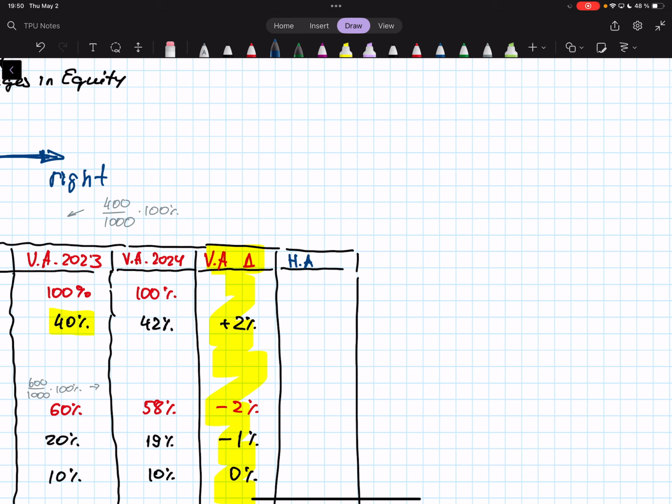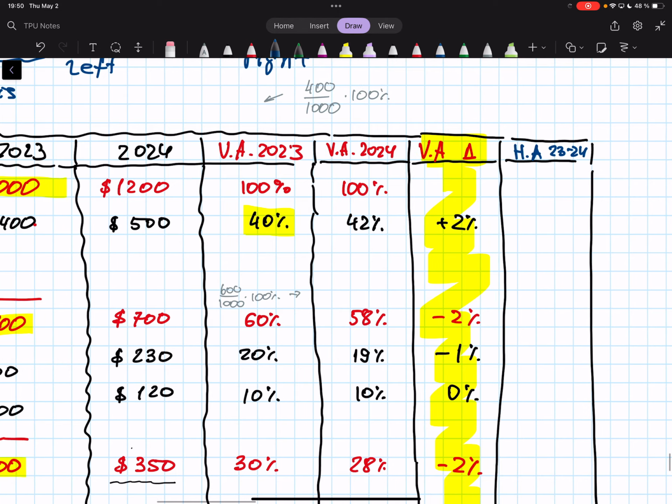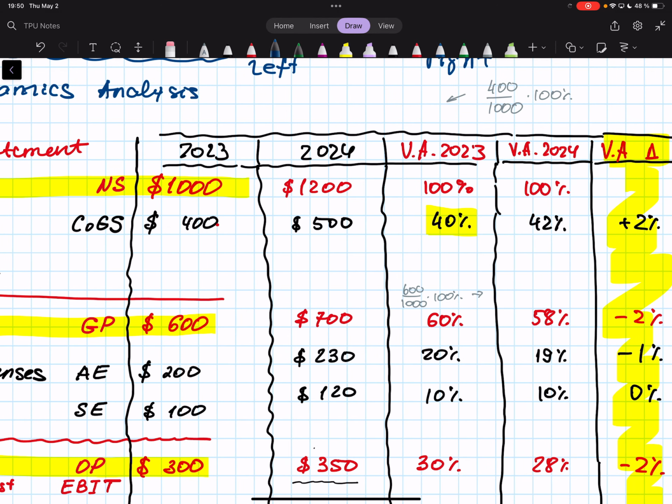Horizontal analysis for 23, 24. So we compare what happens to every line item from year to year. Here's the logic. Net sales in 2023 was how much?